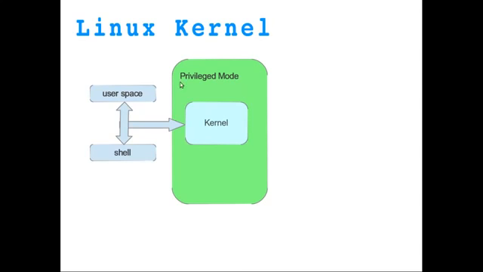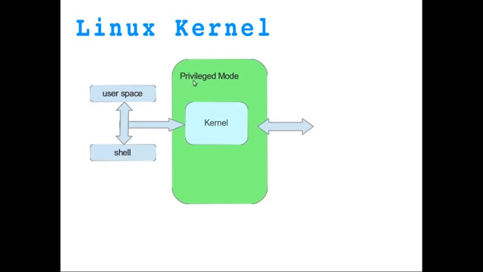Whereas the user space has very limited access to a number of resources, including memory and hardware devices like the monitor and keyboard. So all of its requests have to be made via the kernel.